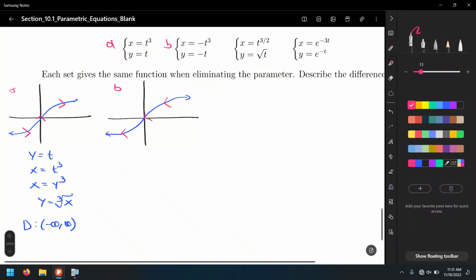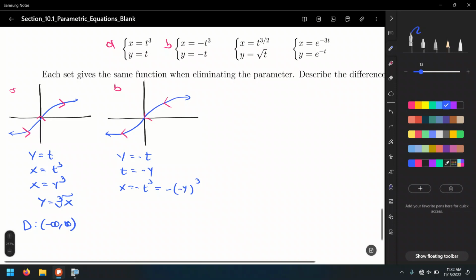Let's eliminate the parameter. The easiest equation is y equals negative t, solve for t, that is t equals negative y, and x equals negative t cubed, which is really the same as saying negative quantity cubed. But what's this t? Isn't it negative y?